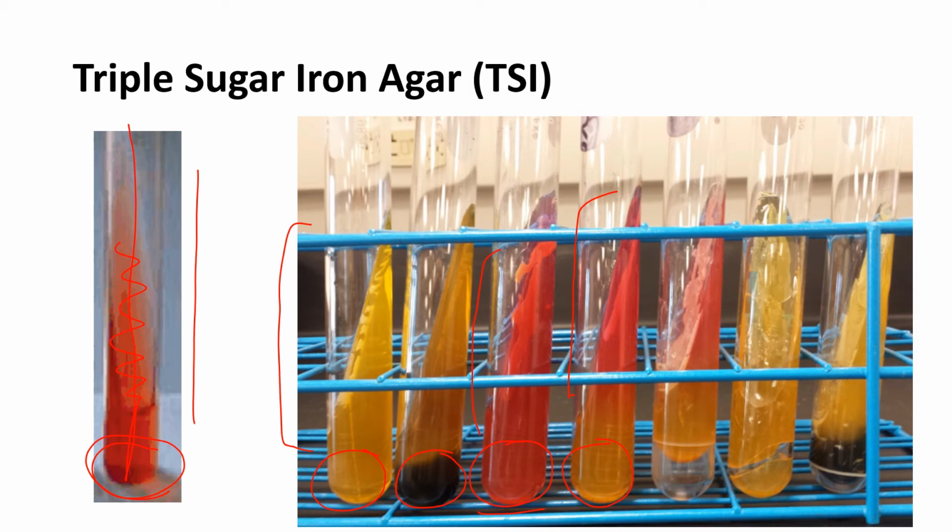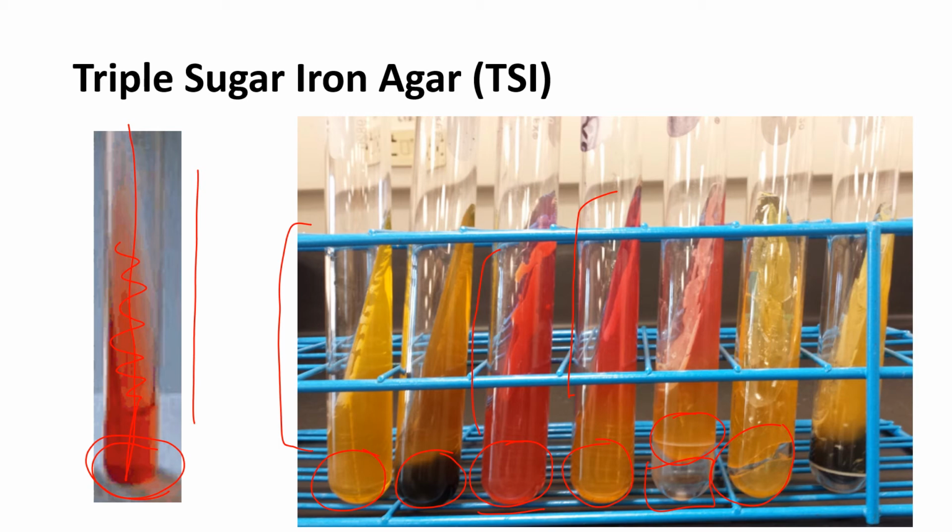In the next one, the butt is yellow, so that's positive for glucose, and you see this air bubble, so that means it's also positive for gas. And the slant is red, so it's negative for lactose and sucrose. Here again, you see a yellow butt and cracks, so it is positive for glucose, positive for gas, and the slant is yellow, so it's positive for sucrose and/or lactose.